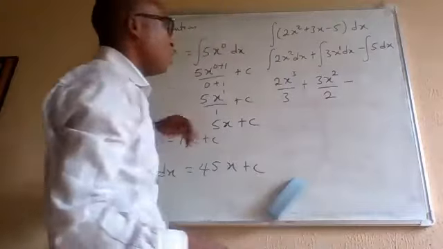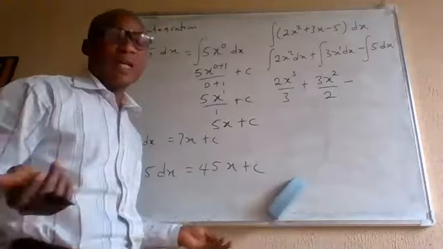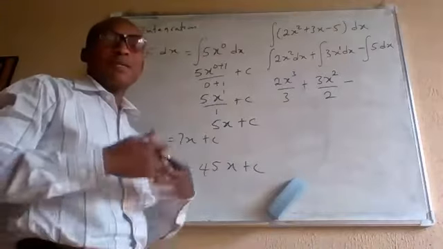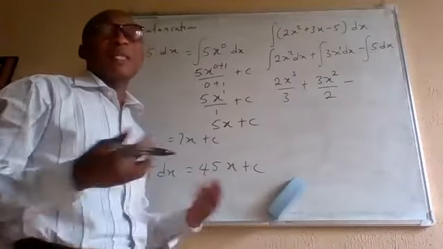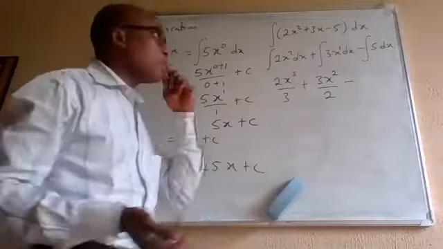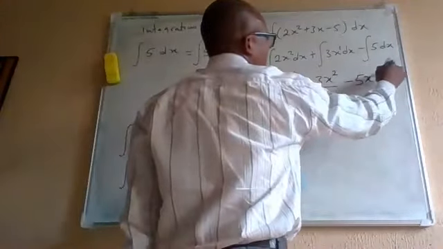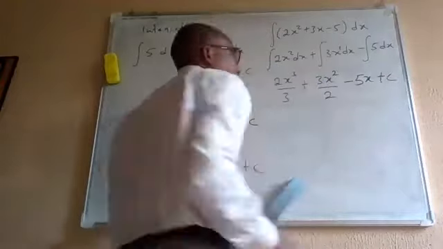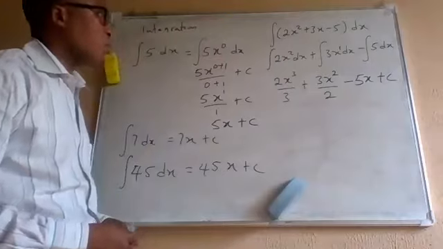Once you integrate a constant, 5 is a constant because there's no s, integration of a constant will only attract s to it. So if you integrate 1000, it will give you 1000s. If you integrate 700, it will give you 700s. So if you integrate 5, that will give you 5s plus c. So when you integrate that function, this is what you have as the integral of that.